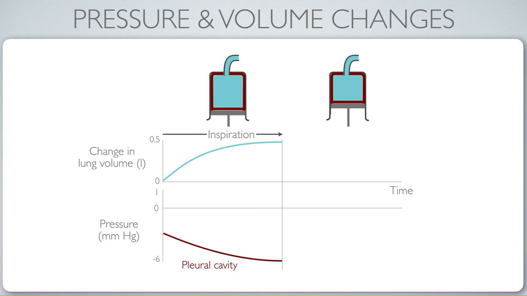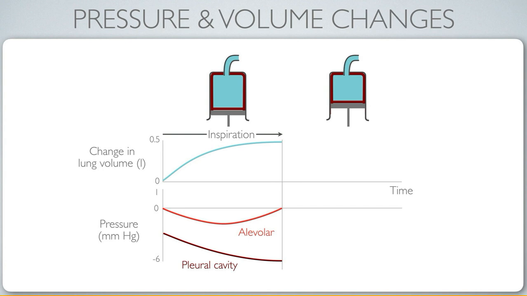It goes from a slight negative value to a bigger negative value over the course of inspiration. Whereas when you look at the pressure in the alveoli themselves, you get a very different relationship. So a lot of people find this to be rather non-intuitive. Why is it that the alveoli drop in pressure but then go to 0? Let's think about that.